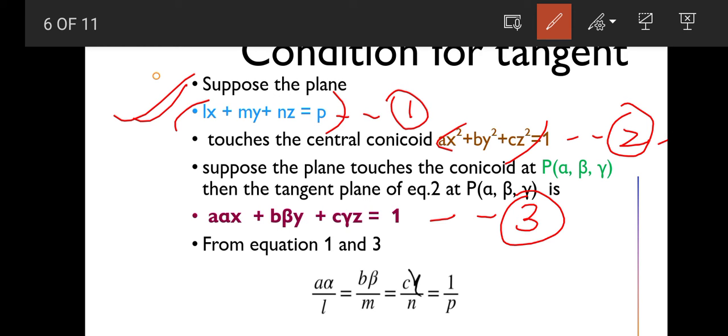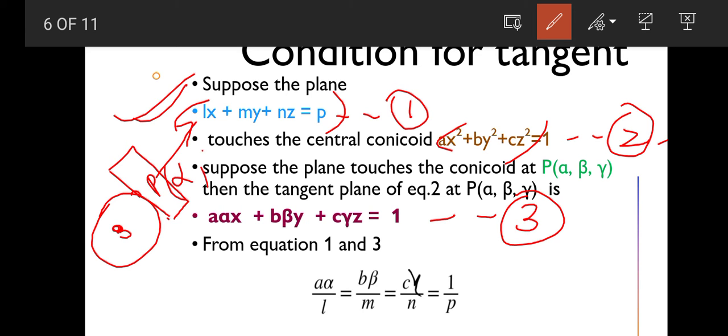You can clearly imagine this situation: this is the central conicoid given to us, and here is a tangent plane, whose equation is given in normal form, lx plus my plus nz is equal to p. The center of the central conicoid is O, and the point P is given as alpha, beta, gamma.